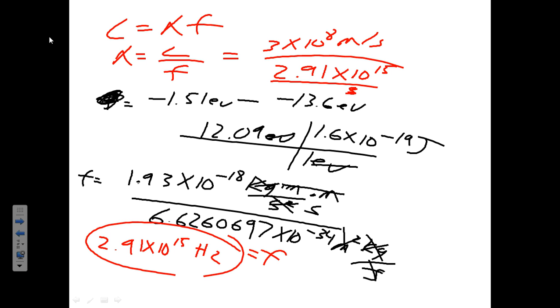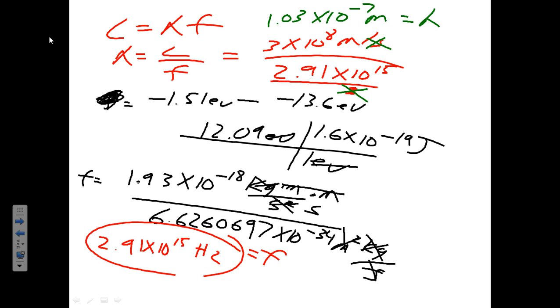Seconds are going to cancel. So it's looking like we get about 1.03 times 10 to the minus 7. And since our seconds cancel out, our wavelength is in meters. Makes sense?